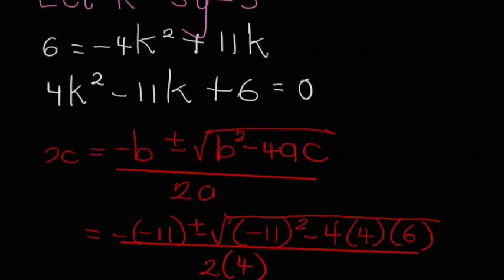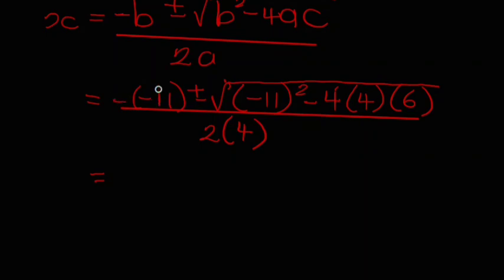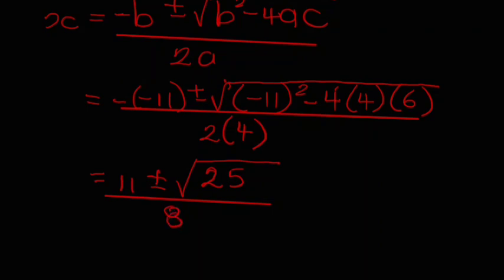Let's just simplify what we have first before we solve. So we've got negative times negative 11 becomes positive 11 plus or minus. Let's simplify underneath the square root. And that should give you 25. 2 times 4 in the denominator is 8.